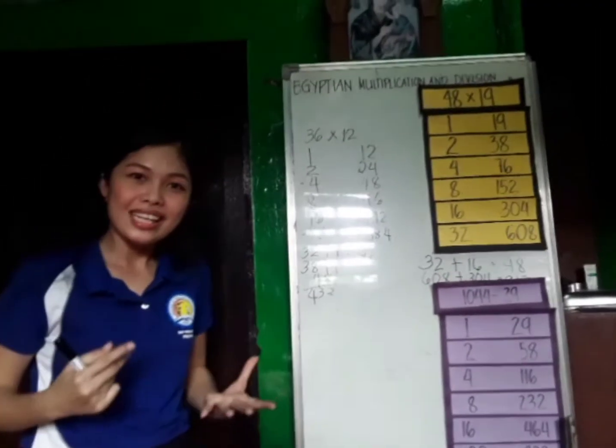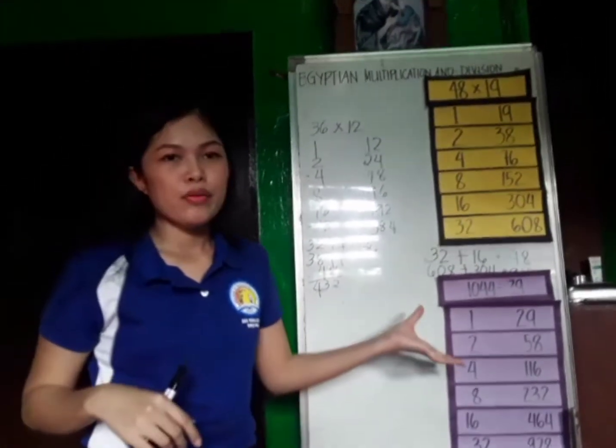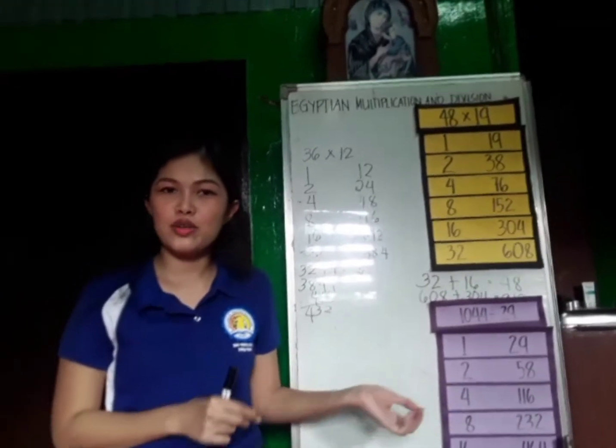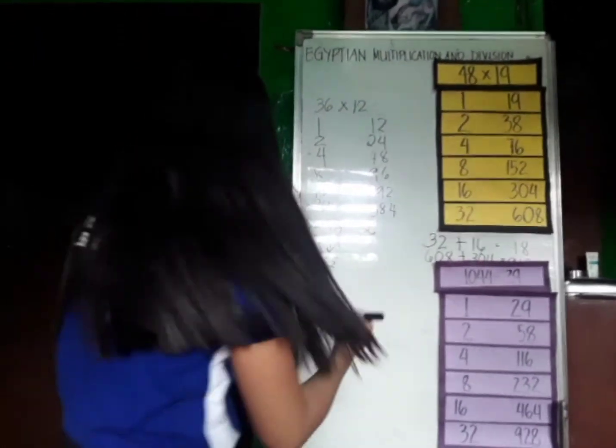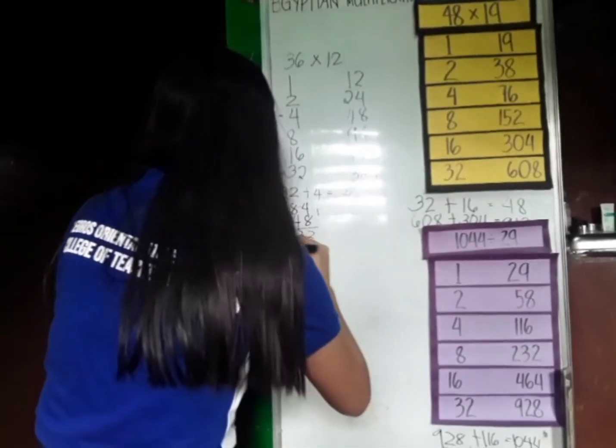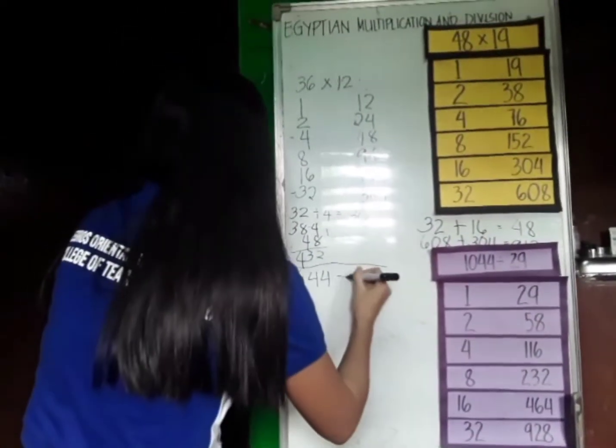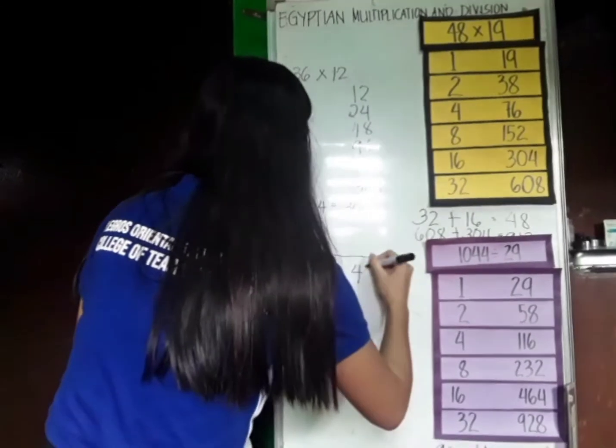It is easy, right? Do you want another example of how to divide using the Egyptian method? I will give you another example. So we have here 644 divided by 46.